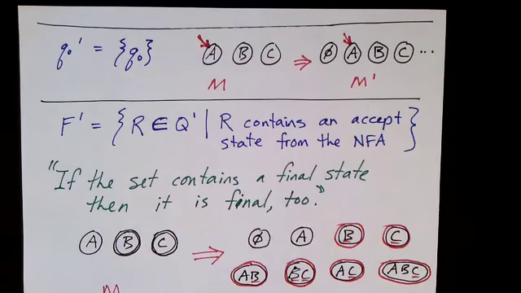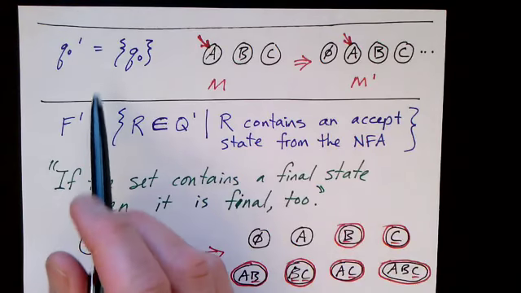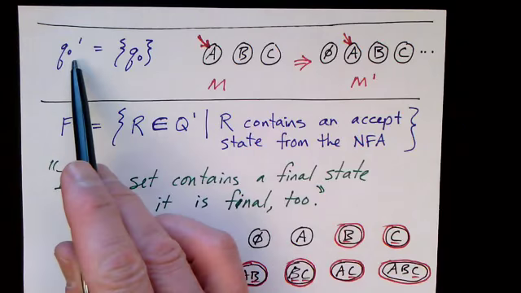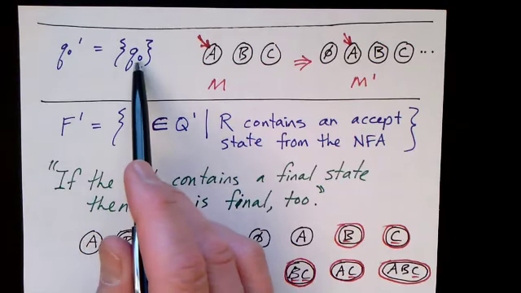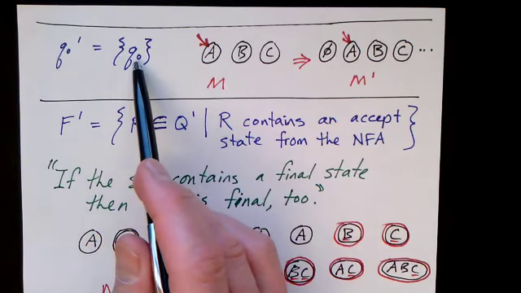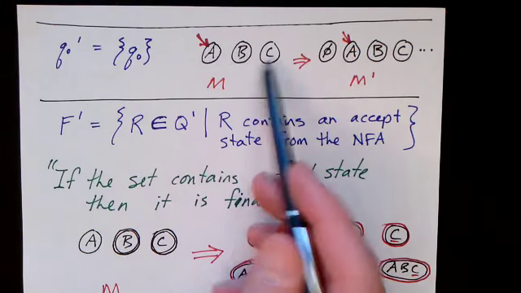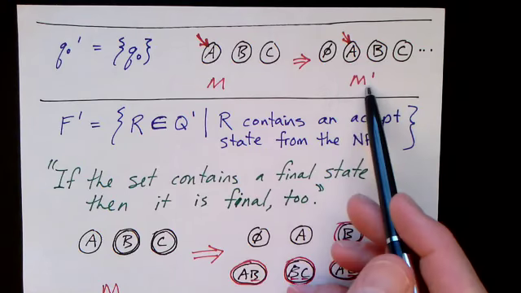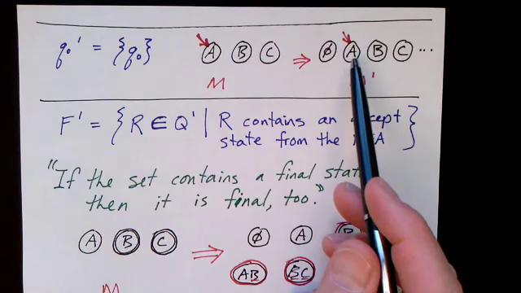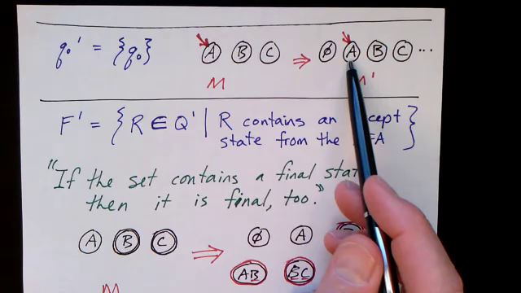The tricky stuff is in the transition function, but let's take care of the initial states and the final states first. The initial state of our deterministic machine will just correspond to the initial state of the non-deterministic machine. So if this is our non-deterministic machine with its 3 states A, B, and C, then our deterministic version, M prime, will have as its initial state the subset containing A itself.